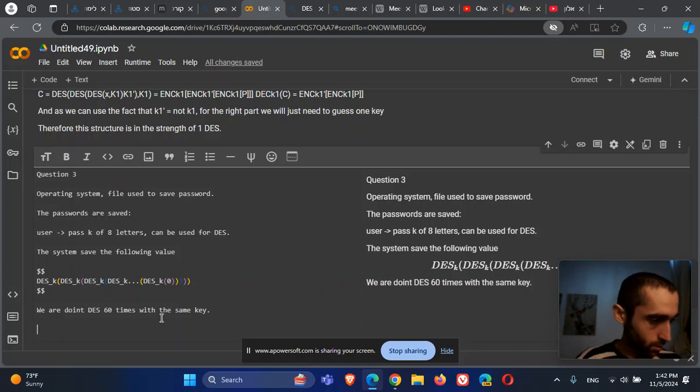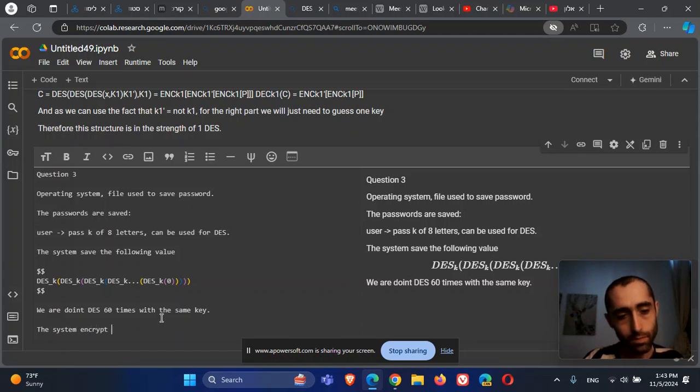So you can see what happens. We are doing it 60 times, and when the user enters their password, the key is the user password, because the system encrypts 0 with the password 60 times.